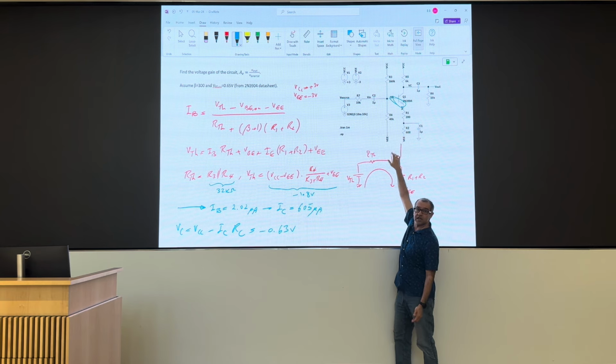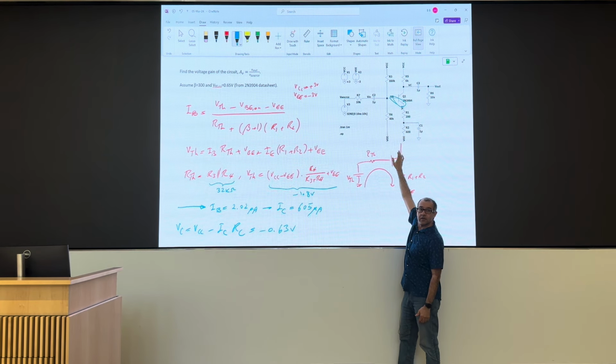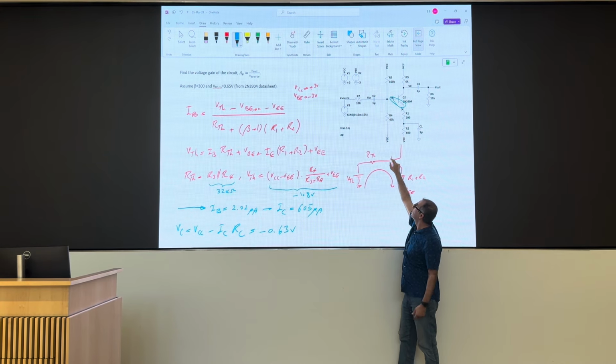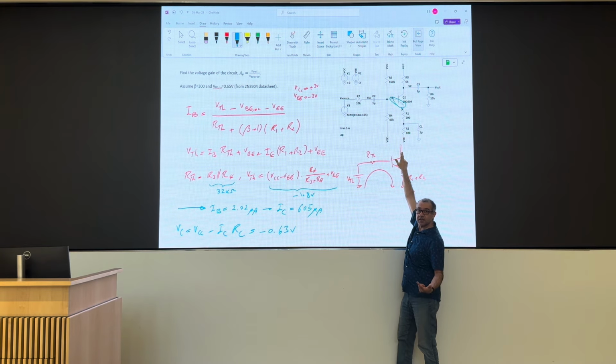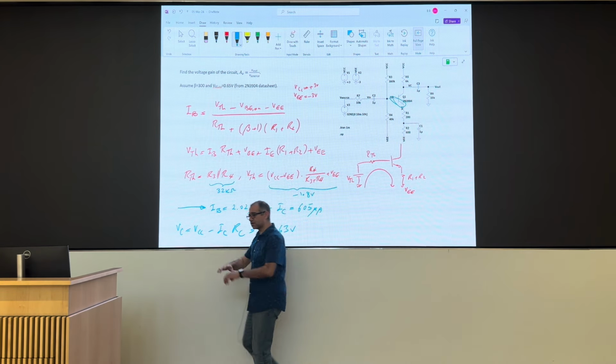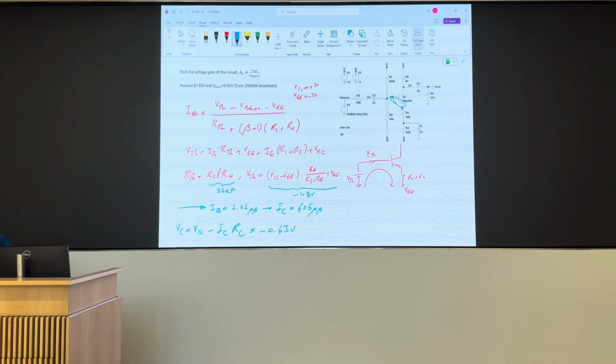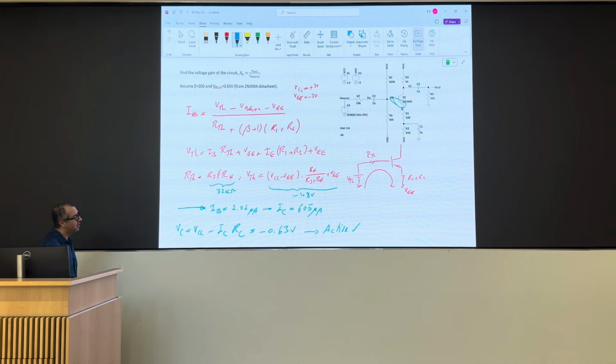I have a reverse bias back. 1.9 here, minus, and 0.6 over here, minus. So that diode is reverse bias, so I check my active. So active voltage. Okay. Now I go and do my, yes?